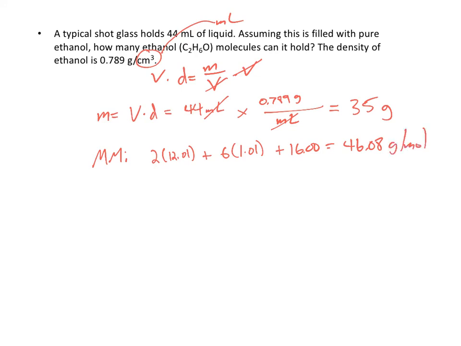Of course, I like to rewrite that as 1 mole equals 46.08 grams. And so I can use that to go from my 35 grams to moles. And then to get to molecules, I would use that 1 mole is equal to Avogadro's number of molecules.